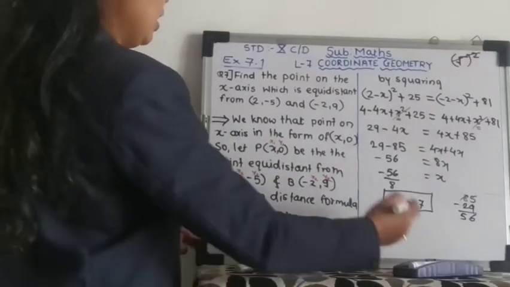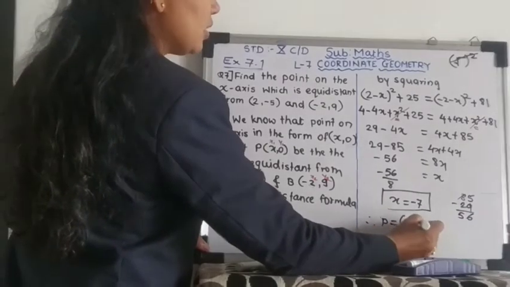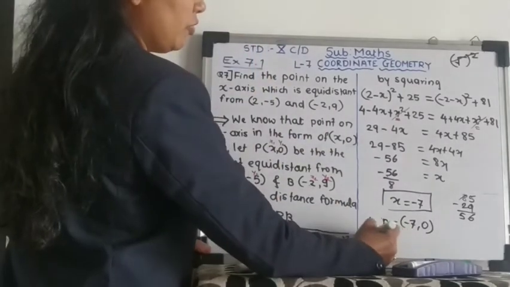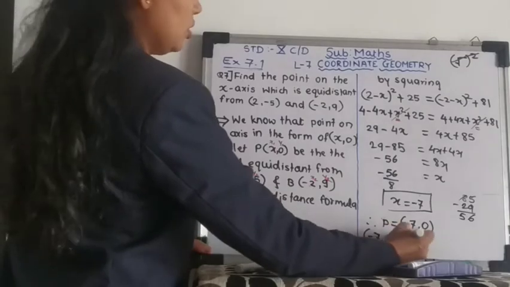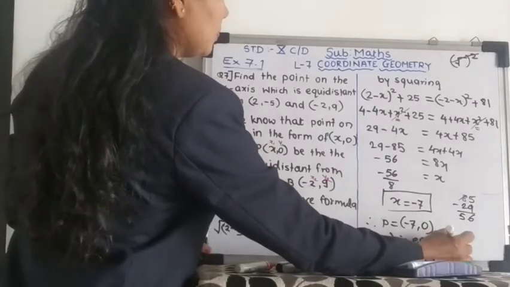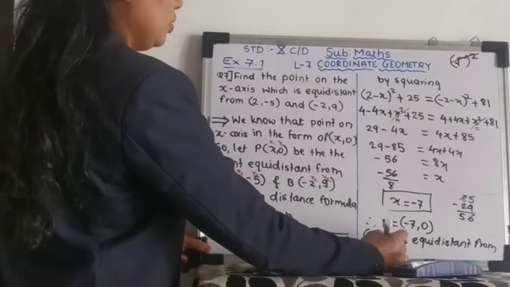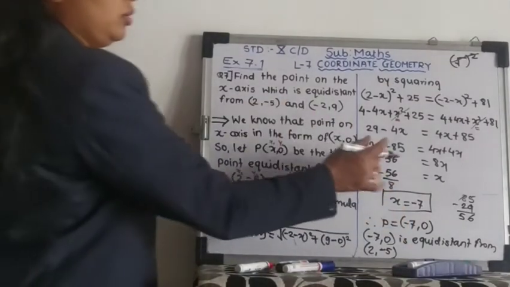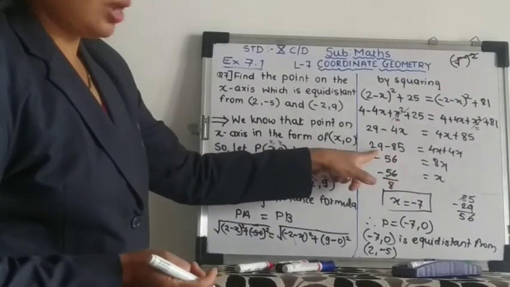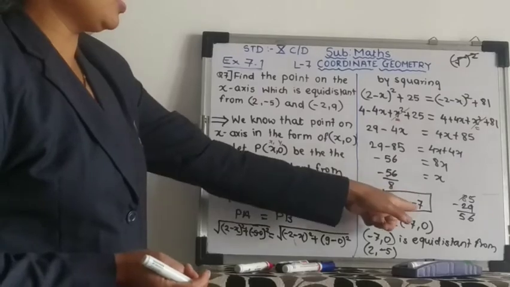So therefore the required point P is (minus 7, 0), which is equidistant from (2, 0) and (minus 5, 0). Here we got a small mistake which we have corrected. We have to subtract 29 from 85, so we get 56. Then if we divide 56 by 8, we get minus 7.